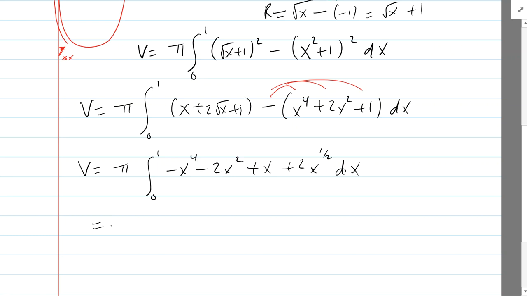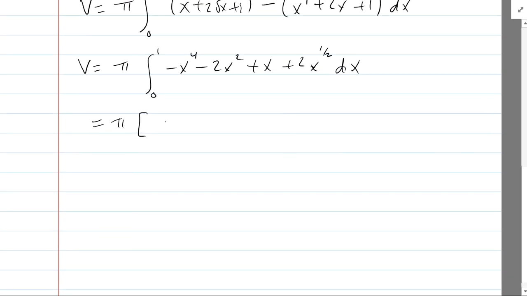What is the antiderivative of negative x to the 4th? All right, what's the antiderivative of negative 2x squared? Yep, 2x cubed over 3.